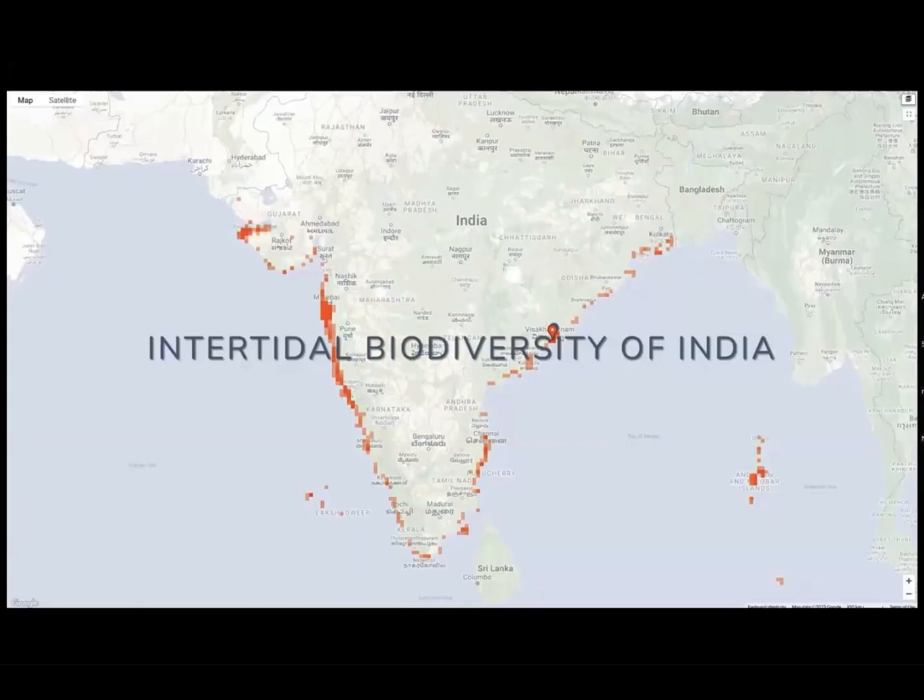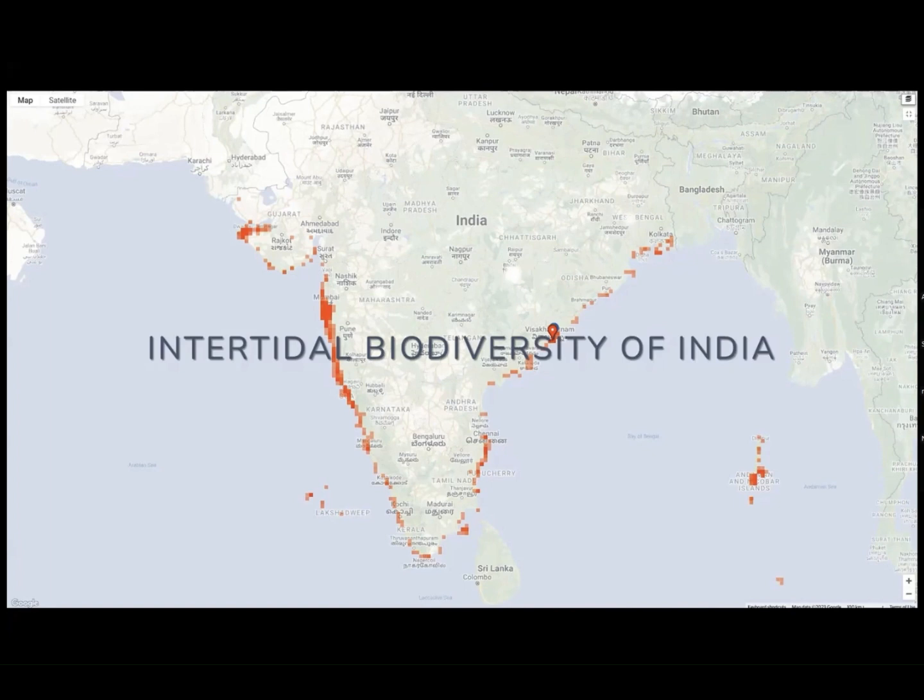So after we started MLOM, we realized that this is something that can and should be done in different parts of the country. So we started another project called Intertidal Biodiversity of India. This project is, again, a dream project of mine, where I would like to see different marine life of projects come up in different cities.